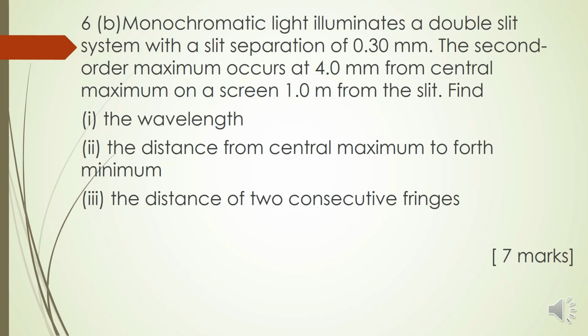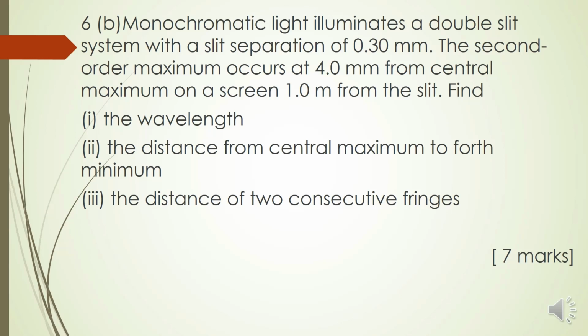Okay, bagi 6B pula, monochromatic light illuminates a double slit system with slit separation of 0.3 millimeter. Jadi yang diberi adalah small d, 0.3 millimeter. Second order. Dalam soalan dia dah mention order.